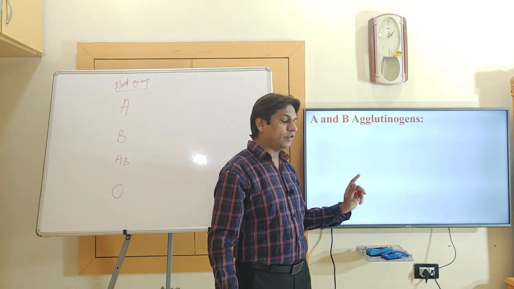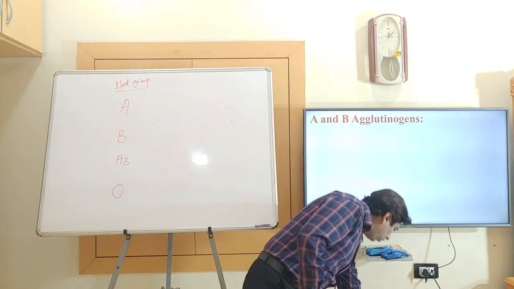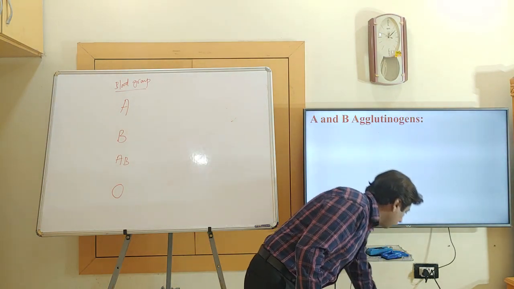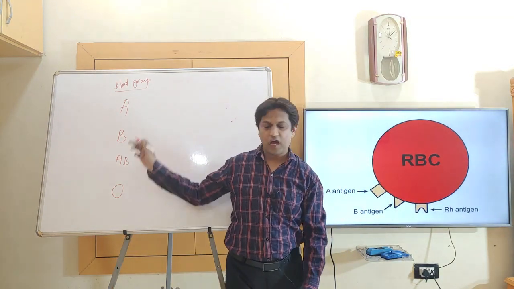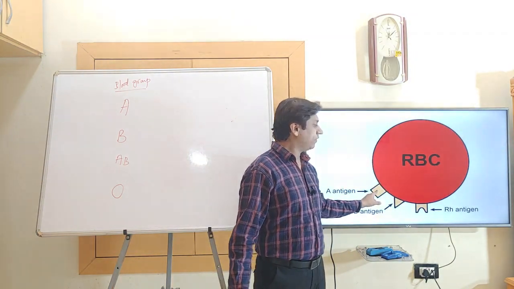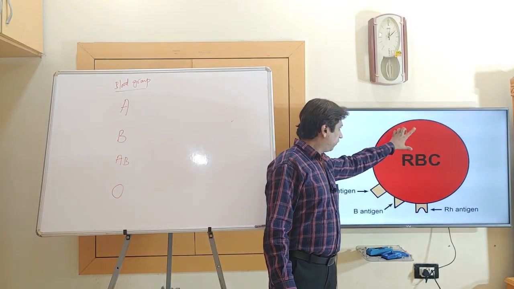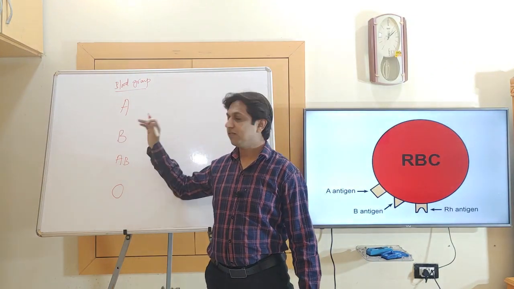A blood group means that the A antigen is present on the surface of an RBC, and the person is designated as A blood group. When the B antigen is present on the surface of an RBC, the person is designated as B blood group.